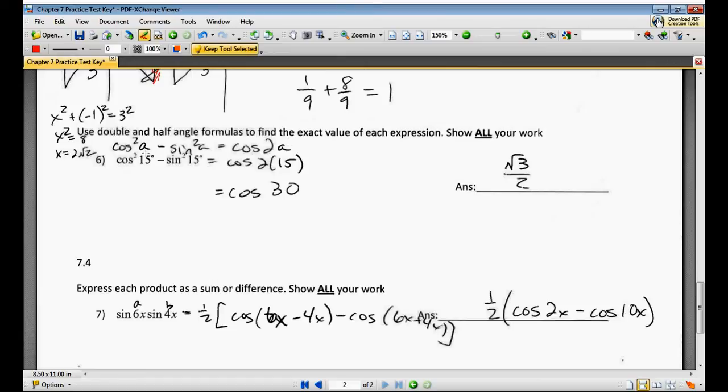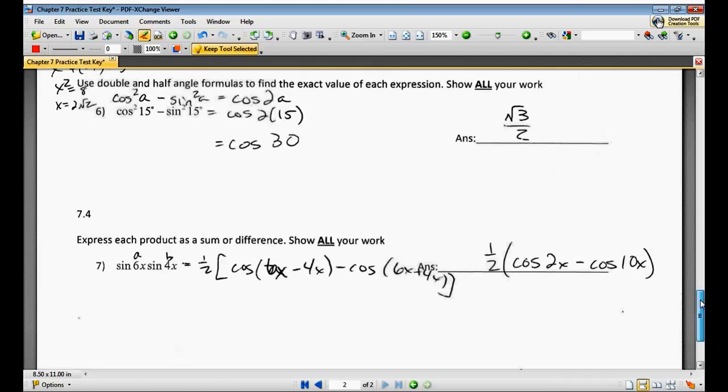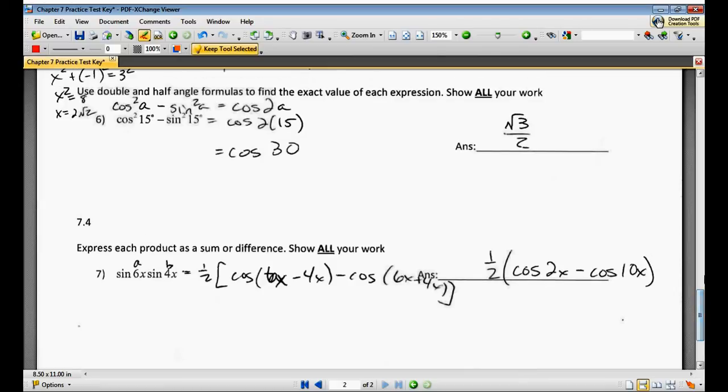So now, since it's backwards, we'll have to work backwards. Well, what is A? A is 15. Plug it in over here. So we have cosine of 2 times 15, which is cosine of 30. Look on your unit circle, and that is radical 3 over 2, and we are done. Please make sure you look at your half-angle formulas that require you to find what quadrant we're in. Just saying.